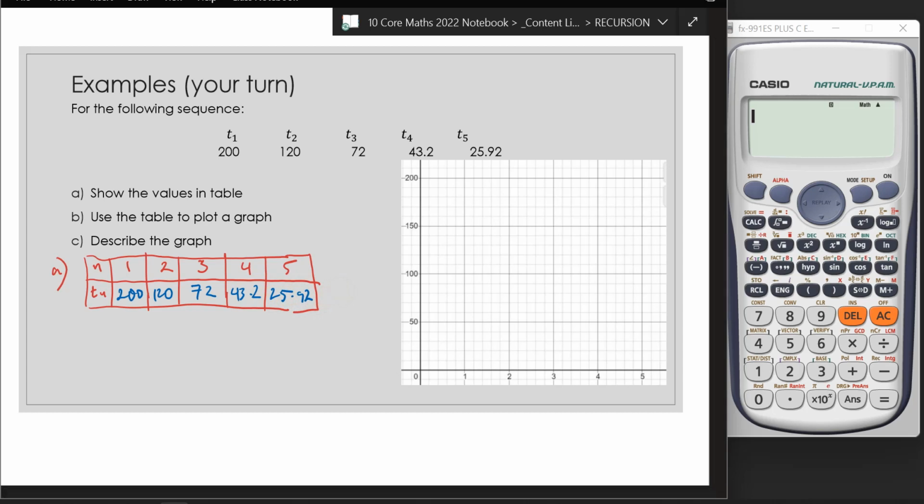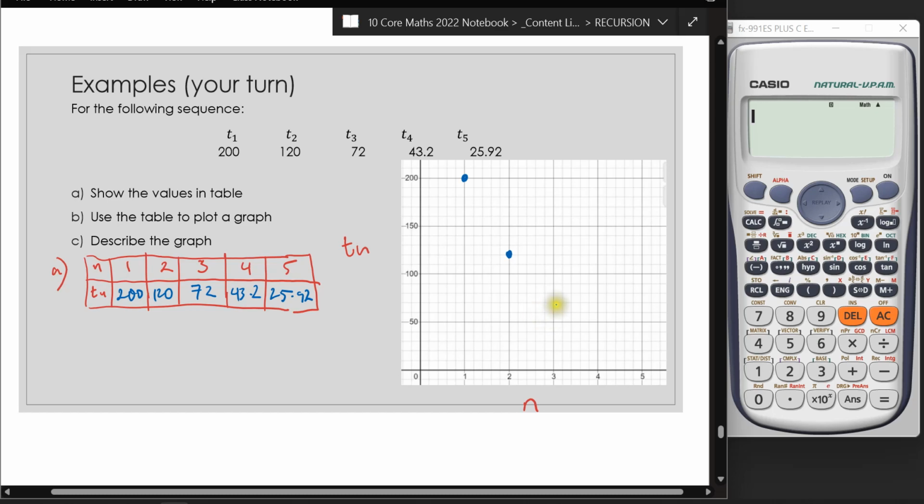So remember, n goes on the x-axis, tn goes on the y-axis, which is the term value. So the first number is 200. Let's put that in. 200. Number 1, 200. Number 2, 120. Well, I can see it's going up by tens again, so this should be 120 there. Value number 3, 72.